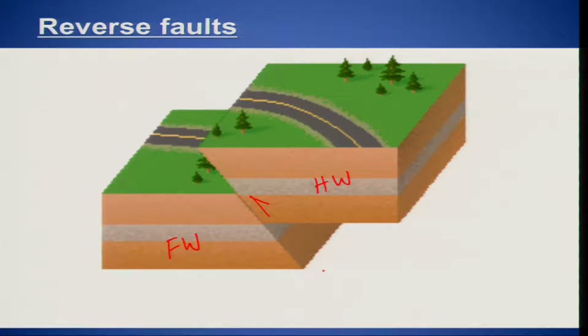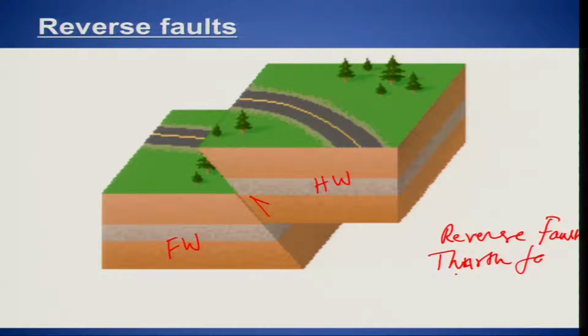And if we consider the angle, depending on that you can classify it as a reverse fault or a thrust fault. So, based on this you can classify: this is if it is greater than 45 degrees and this is if it is less than 45 degrees.